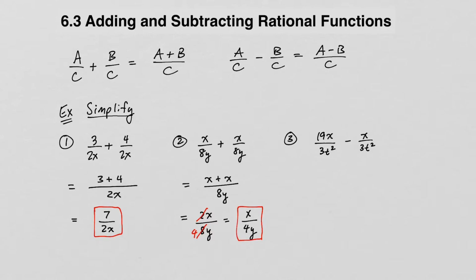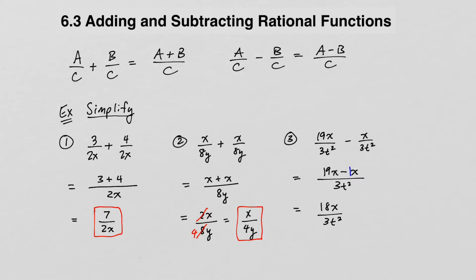And one more here. 19x over 3t squared minus x over 3t squared. We have a common denominator of 3t squared. And all we have to do is subtract the numerators, keeping in mind, of course, that x is the same as 1x. And so this becomes 18x over 3t squared.